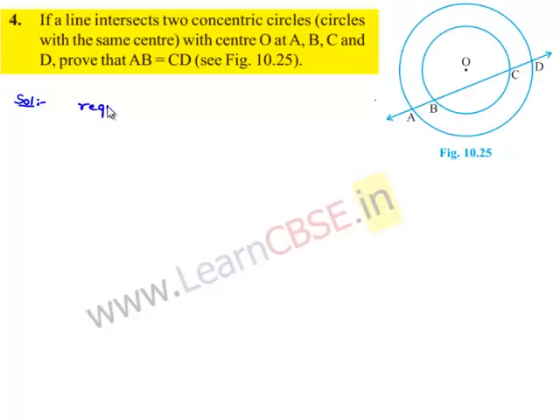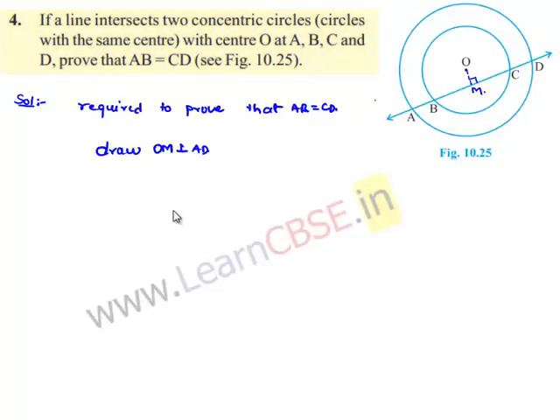Therefore, here we are required to prove that AB is equal to CD. In order to do this, firstly draw OM perpendicular to AD. Now in the first concentric circle, let us consider that OM is perpendicular to BC.